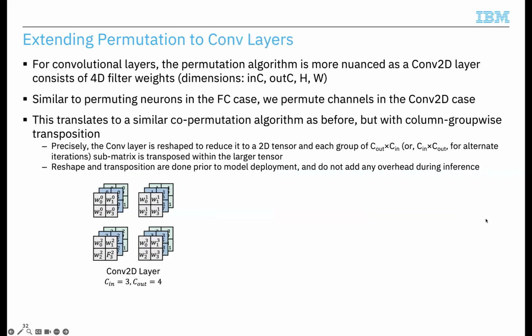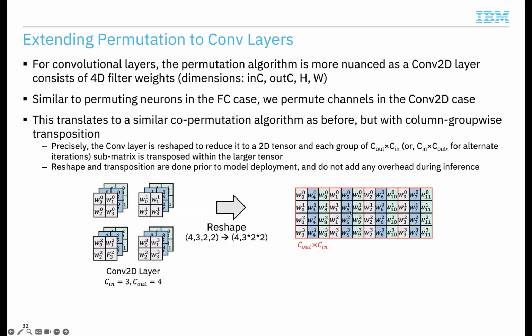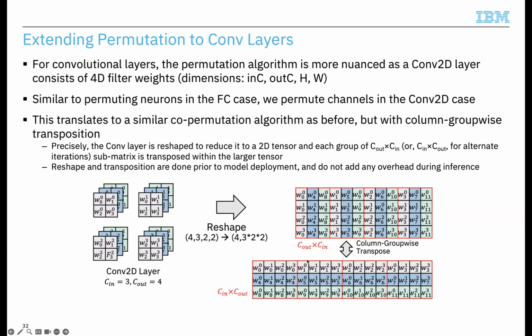For convolution layers, I'll just go over it really fast. The idea is it's a 4D tensor, so it's more complicated than a 2D weight tensor. So what we do is we first reshape, and we do something we call column group-wise transposition. You have groups of columns, you transpose them, and then you feed each group into the k-means algorithm separately.